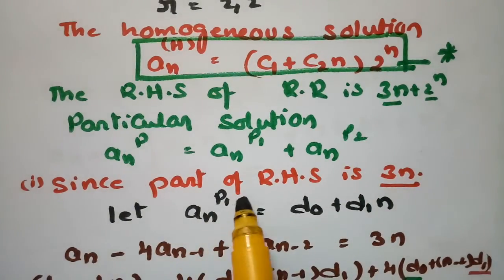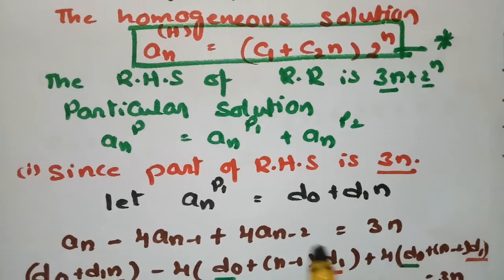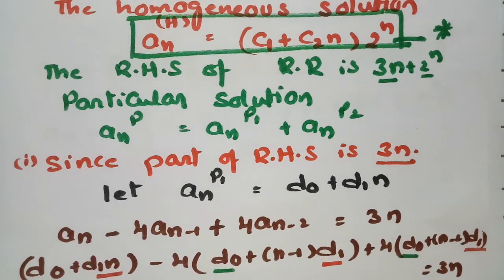Since the first part of the RHS is 3n, we can write this as d0 plus d1n.